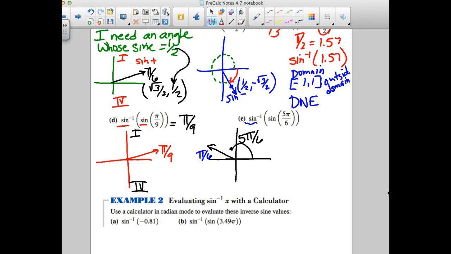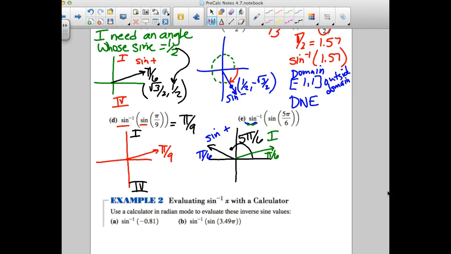In quadrant 2, our sine value is positive. So we need to bump this to a quadrant where sine is positive, but arcsine is already defined. That means of our choices of 1 or 4, we need to be in quadrant 1, where sine is positive. So we're going to draw that same reference angle of pi over 6 in quadrant 1.